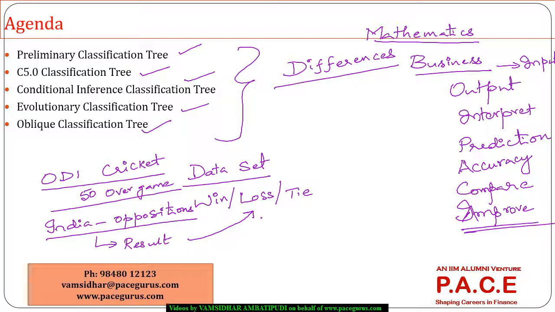So I am considering the result associated with each of the games, and along with that I am looking at the role of one specific player. In each of these games I'm considering one specific player, who is Virat Kohli, whatever games he had played. So that is my sample size.